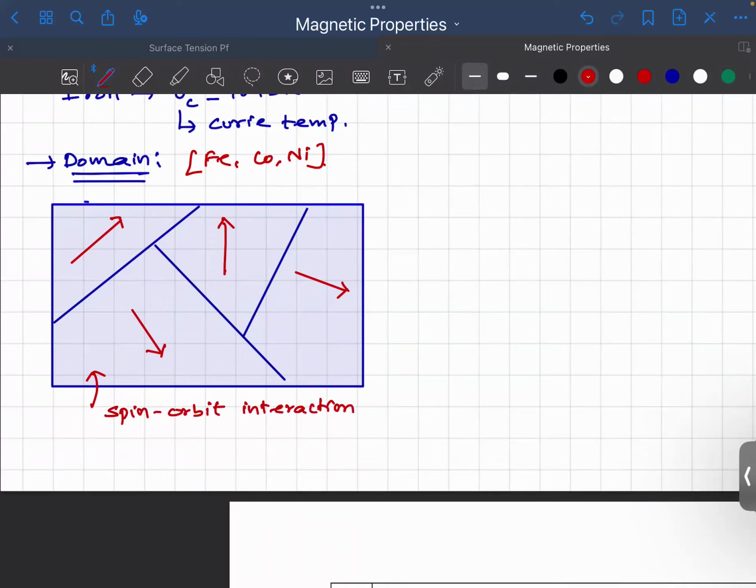I repeat, spin orbit interaction between the neighboring atoms within the domain. Within the domain only. Right.